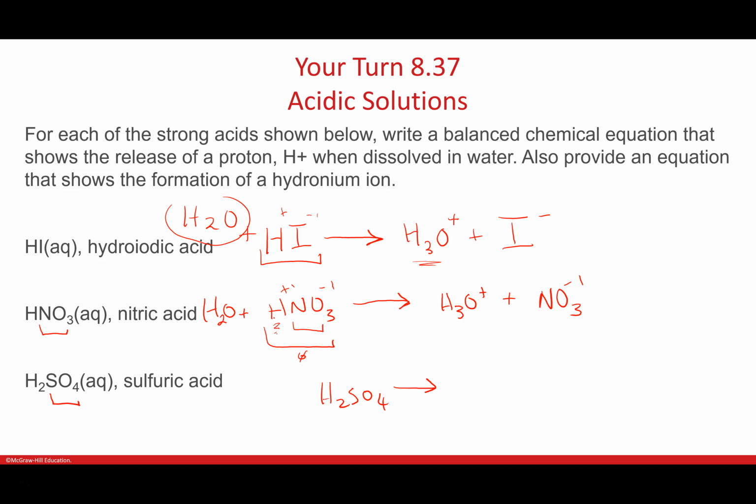We could think of this a couple ways, and actually I think I have a slide coming up explaining this. When you have two hydrogens that could kick off, the first one's actually the only one we're going to worry about, and the other one's going to stick with it. So I kind of told you wrong. After it goes, you're going to get something called the hydrogen sulfate ion. I don't know if that makes sense, but only one of them's going to go.